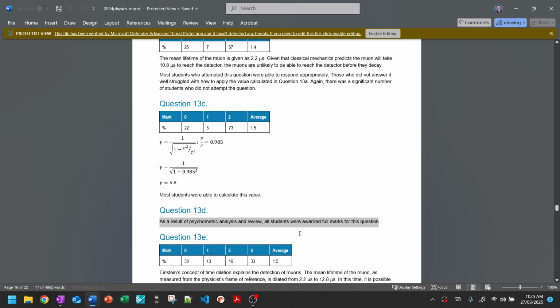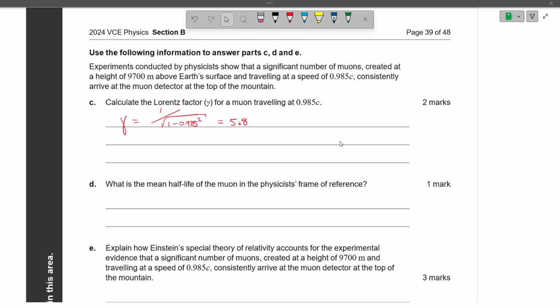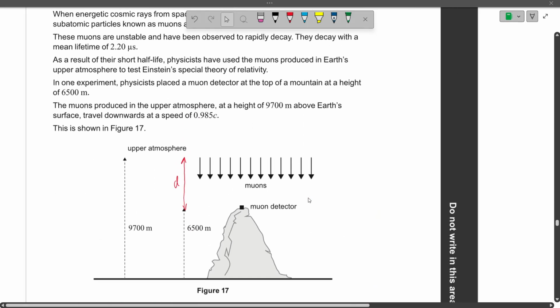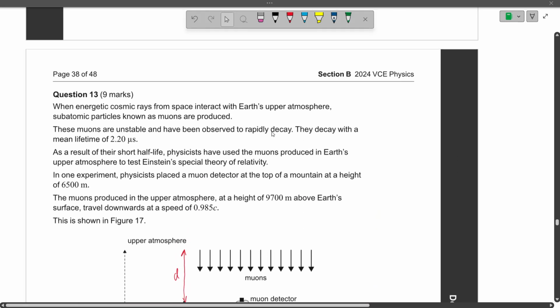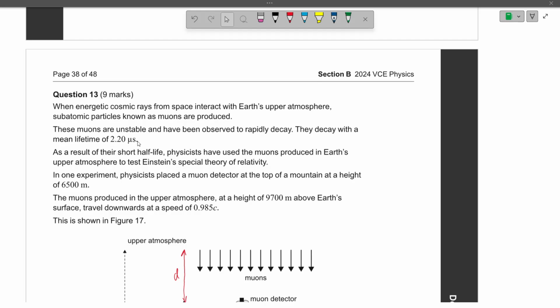I have a feeling that the question was ambiguous, and also the fact that it was only 1 mark. The reason for me saying this is that in your question header, it says the muons decay with a mean lifetime of this, which wouldn't you think is what the physicists say the muons decay in, right?